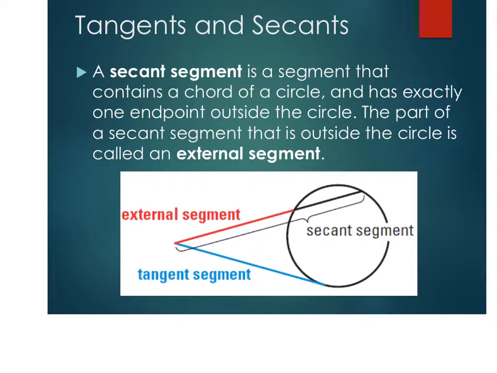So we have the entire secant, but then we've got the secant segment, and then we also have a tangent segment. Remember, the secant passes through the circle. The tangent hits it at one point, but they have the common endpoint outside.